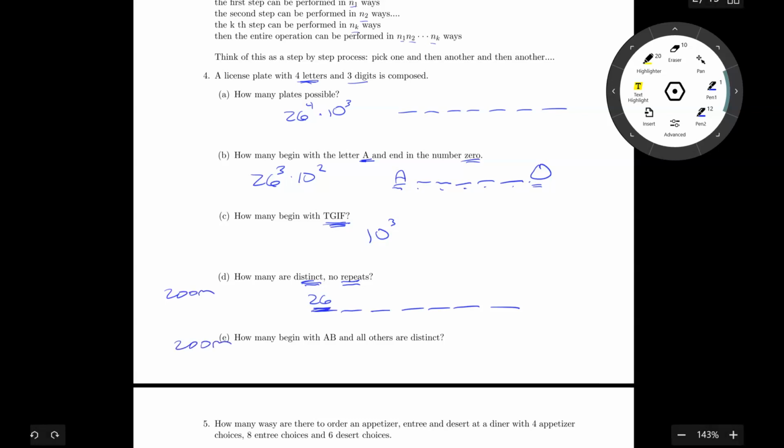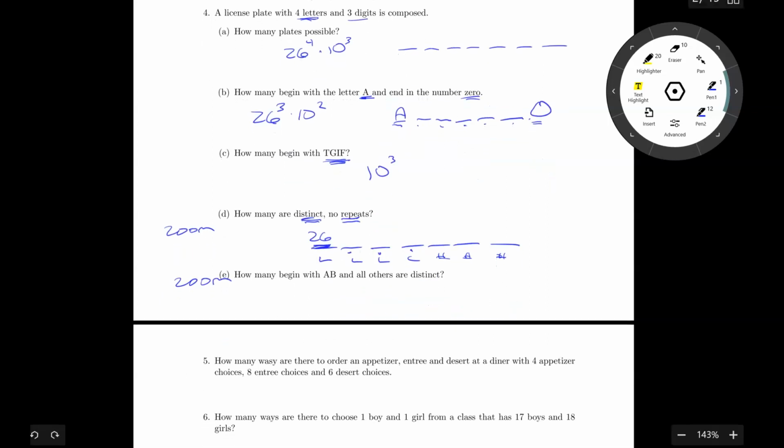After I pick the first letter, how many choices do I have left for the second letter, and the third letter, and the fourth letter, right? So these are all the letters, and then go figure out how many different choices you would have for the numbers so that they're different. There's not one repeated letter and not one repeated number. And I'll let you figure that one out too.